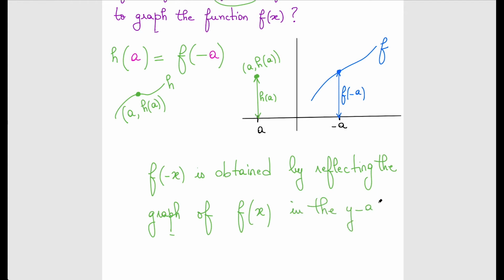So every point on the graph of f is going to have a symmetry with respect to the y-axis, and that symmetrical point is going to belong to the graph of h. Okay? And vice versa. So we're going to reflect the whole thing in the y-axis to obtain the graph of f of negative x, which was labeled as h of x.